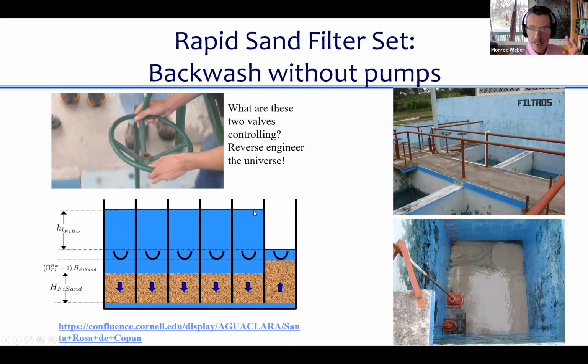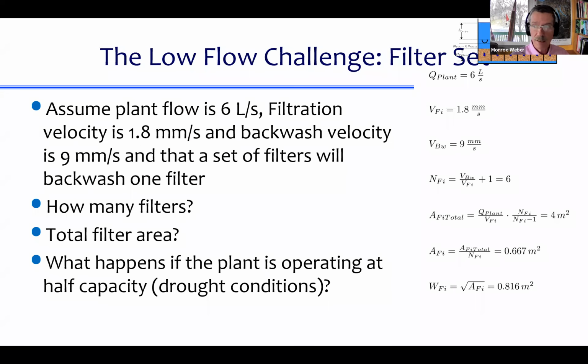And so this height here has to be the head loss through the beds that are working to filter, plus the head loss required to backwash a filter. So that's a nice system.